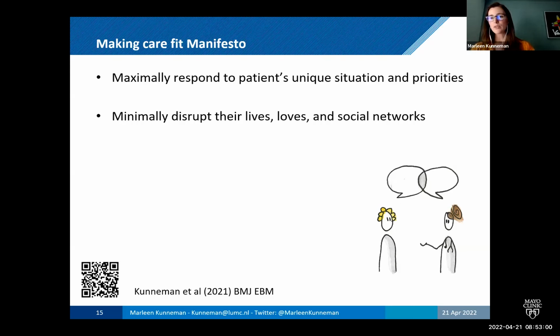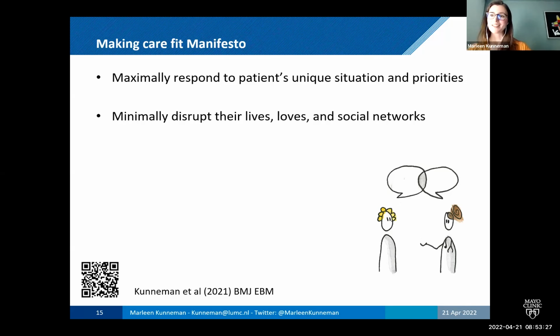So we organized a 2-day meeting with an international interdisciplinary group of patients, caregivers, clinicians, designers, researchers, and policymakers. And after these 2 days, we wrote a manifesto on making care fit. It was published in BMJ EBM. I have a QR code here if you would like to look at it.